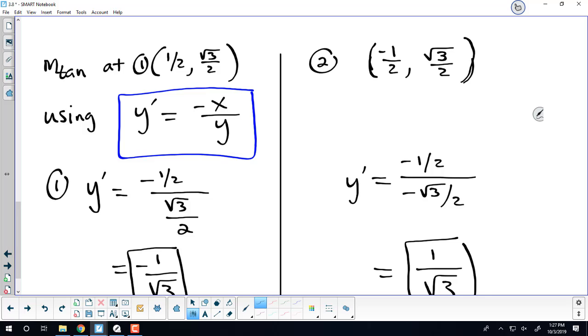This point, example 2, is in the second quadrant, where we said that the slope on the circle should be positive, and indeed we come up with positive 1 over root 3 for that slope.